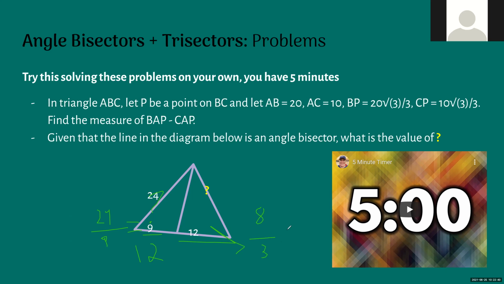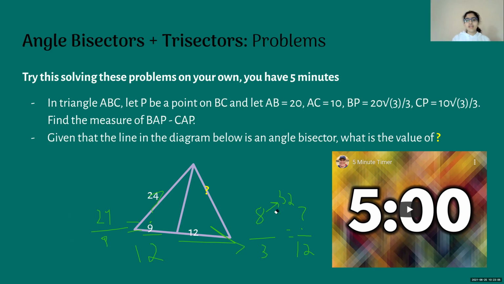And so 8 divided by 3 equals question mark divided by 12. And since 12 is 3 times 4, you multiply 4 times 8 and you get 32. So good job. That means that 32 is the value of the question mark, and that is our answer.